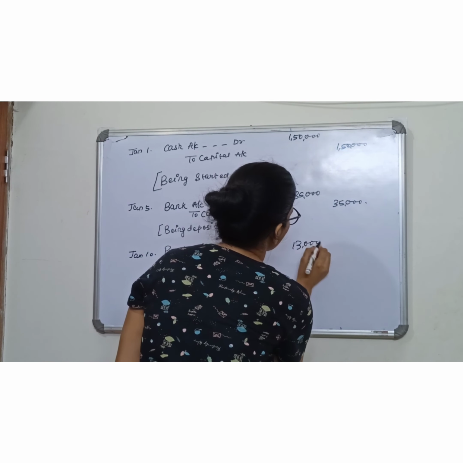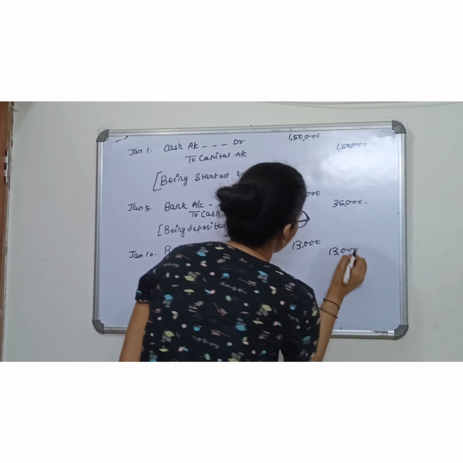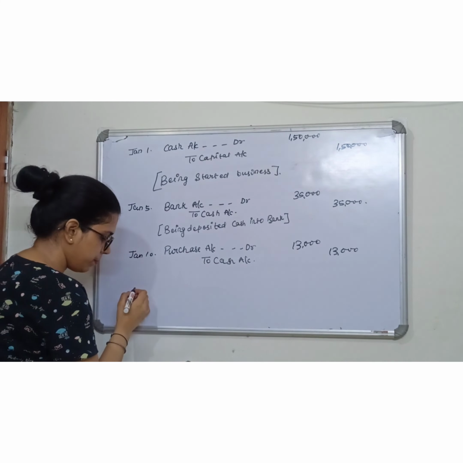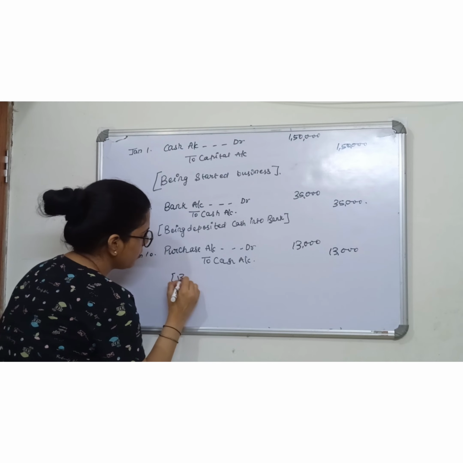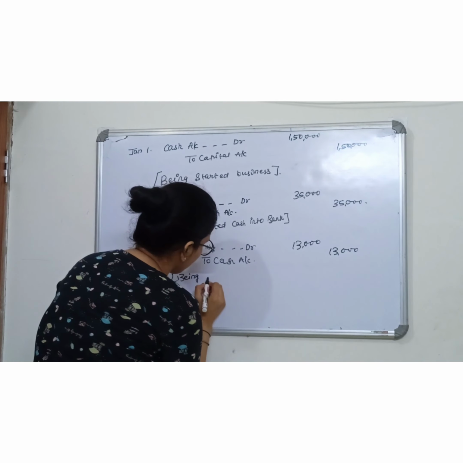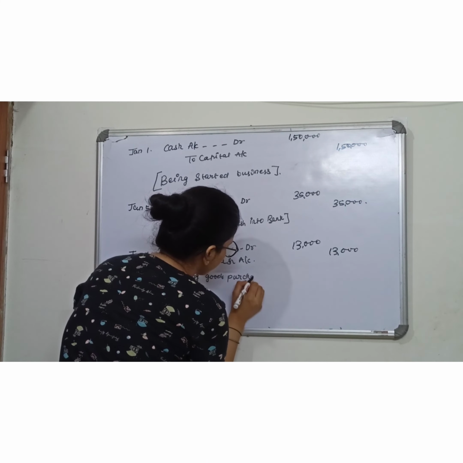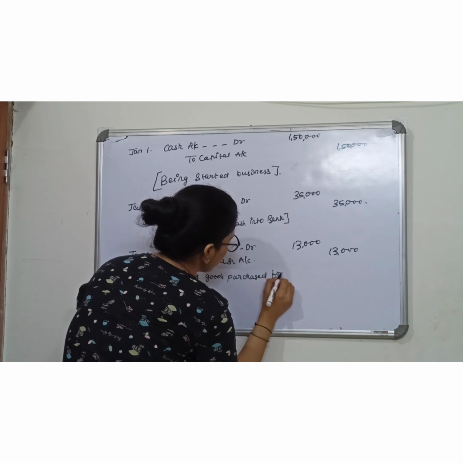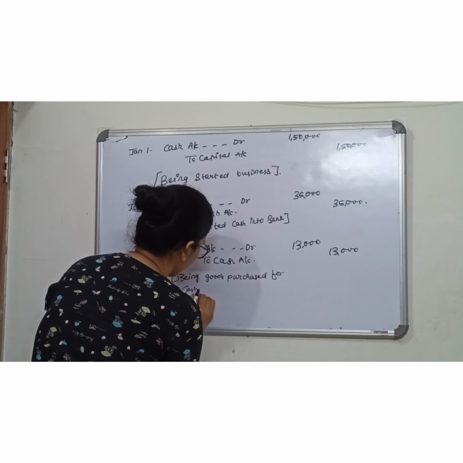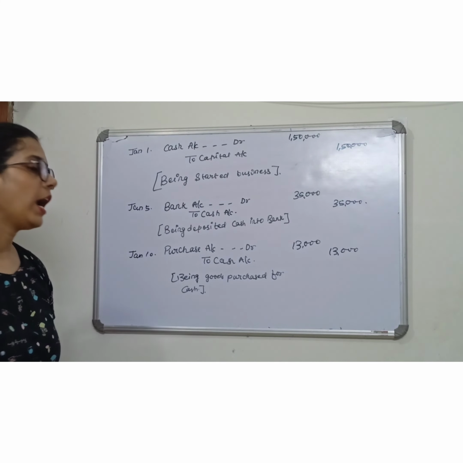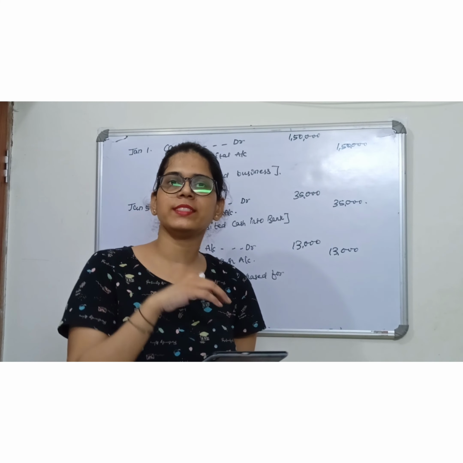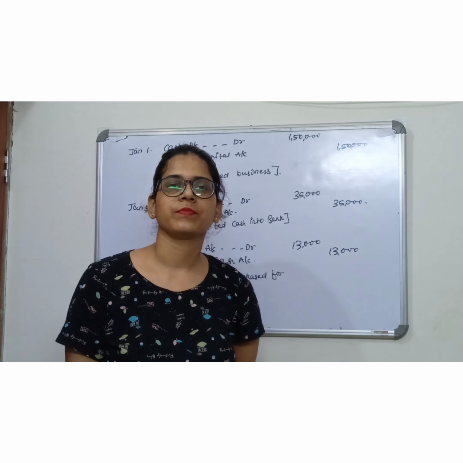So I've written 13,000, and the narration will be being goods purchased for cash. I hope you have understood this entry. This entry is clear.